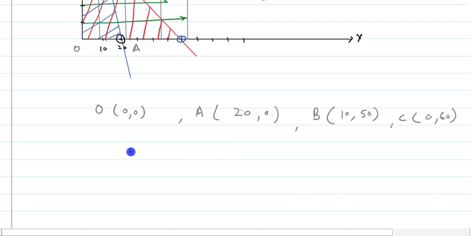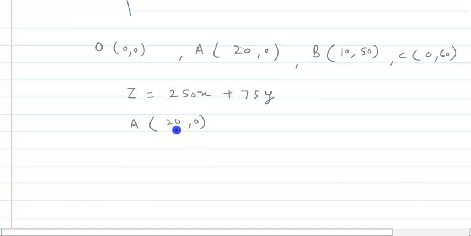Here in this problem, the Z which we are having is 250x plus 75y. So let us put these three values one by one over here. Very first, let me put A. A is 20 and 0. Clearly when we put x as 20 and y as 0, Z will be equal to 5000.